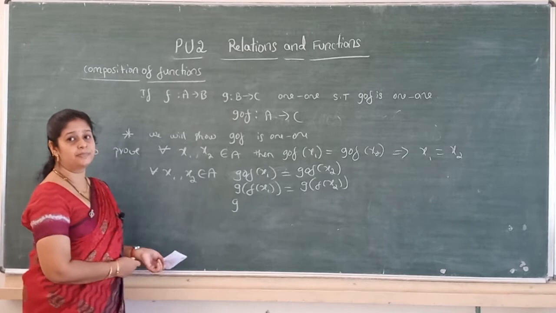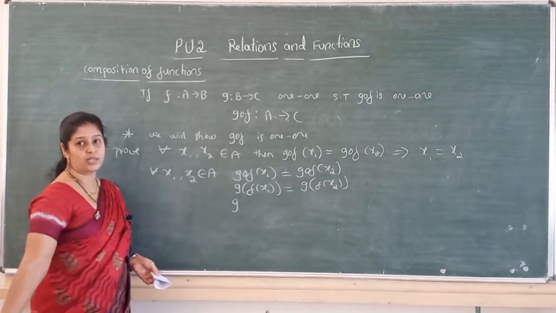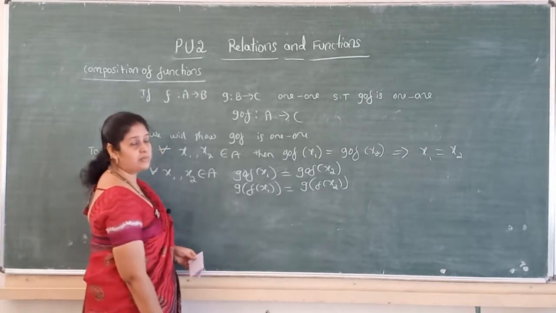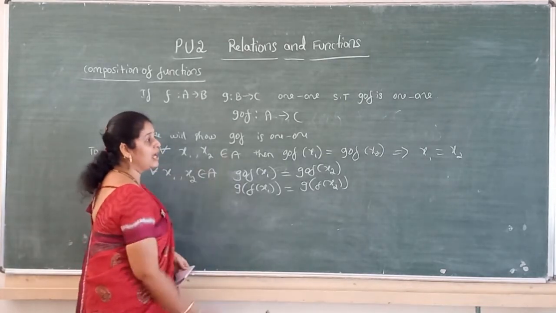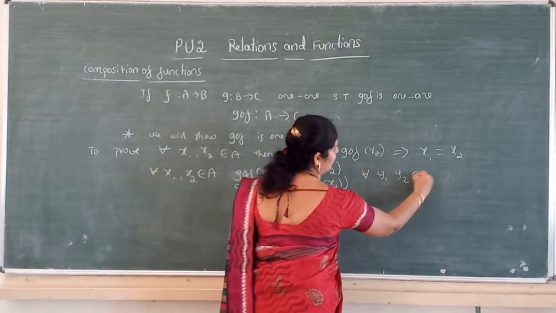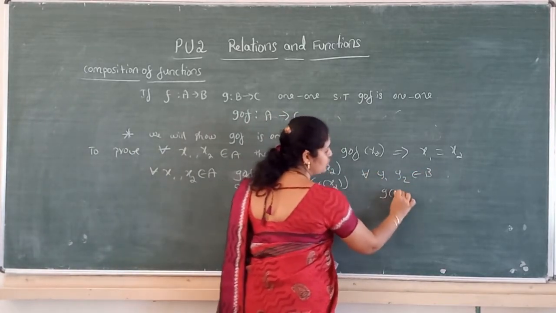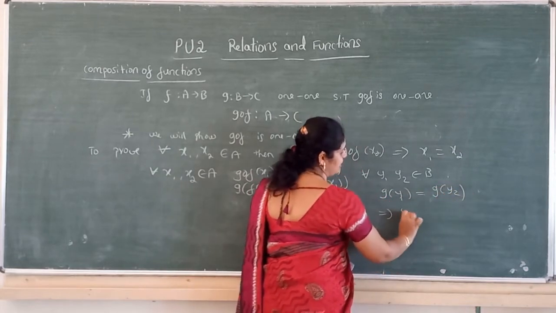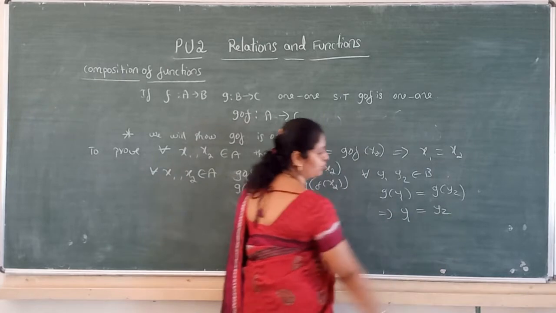Now we know that g is 1-1, correct? So g is 1-1 means, as I wrote already, for every y1, y2 that belong to B, g of y1 is equal to g of y2 implies y1 is equal to y2, right?